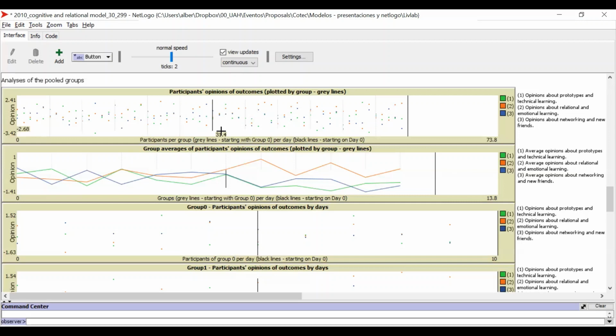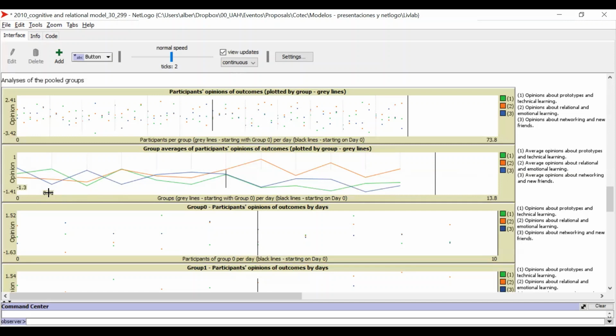So his opinion has shifted, and dramatically, in terms of the networking that he or she is having with her group members.